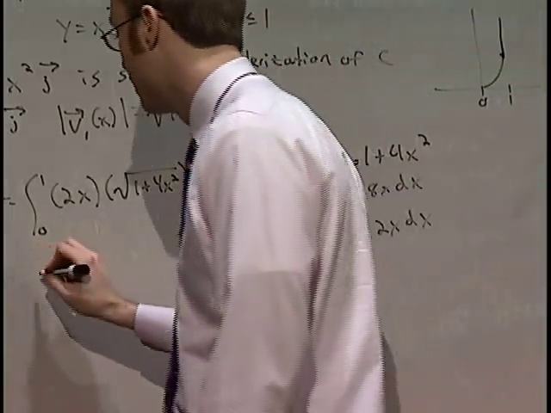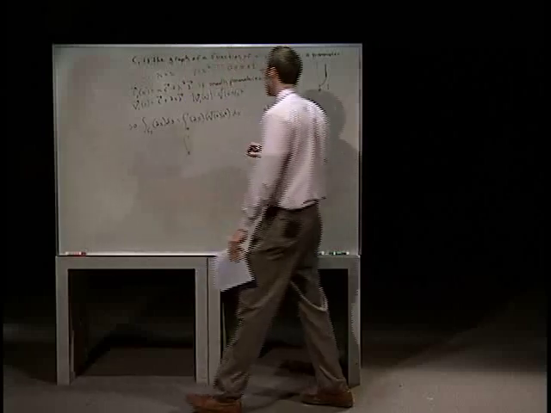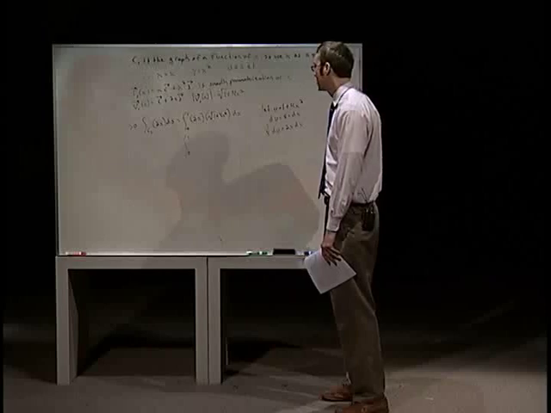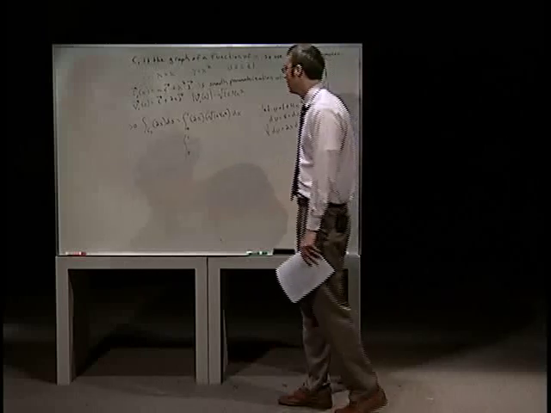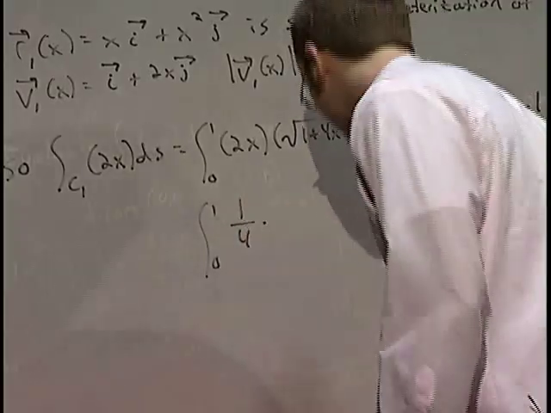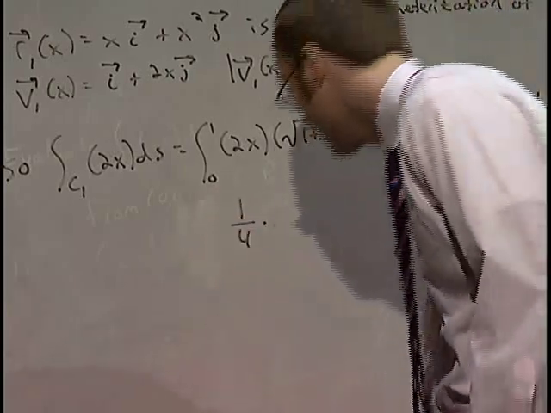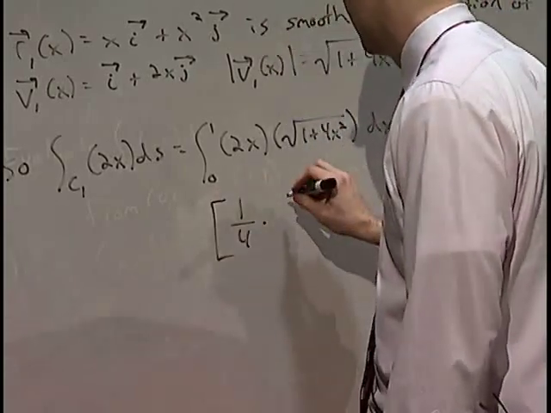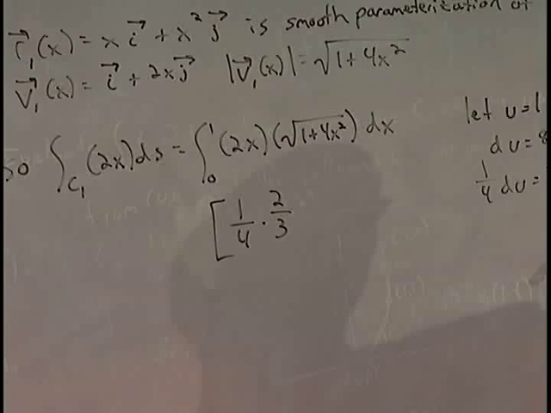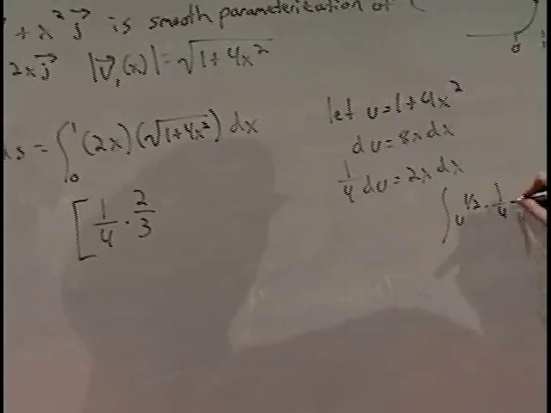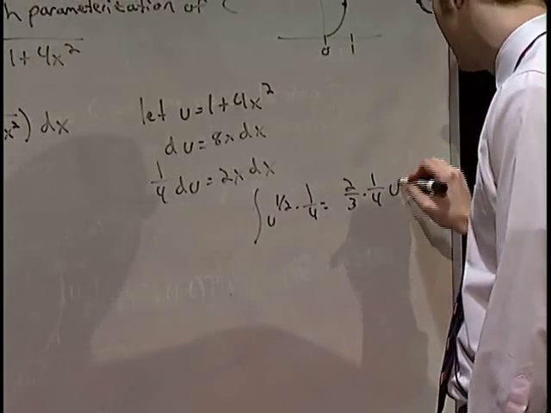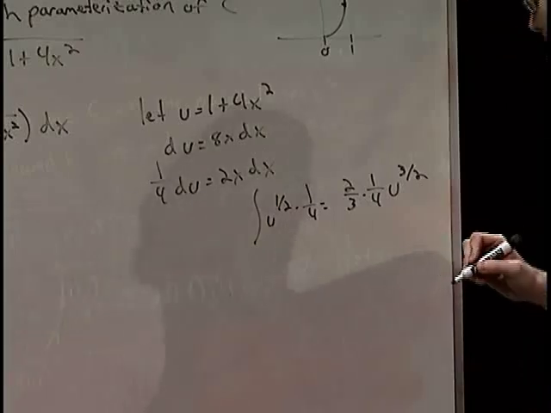Sounds good to me. So this winds up being the integral of u to the 1/2 times a quarter. So we've got 1/4 times, actually I don't need the integral symbol anymore. So the integral of u to the 1/2 times a quarter is 2/3 times 1/4 u to the 3/2. That looks good.